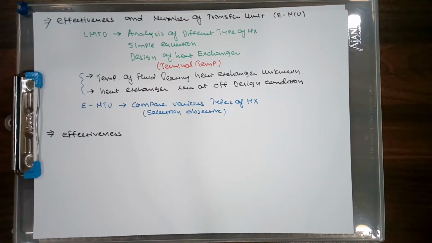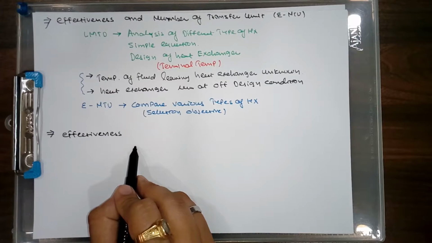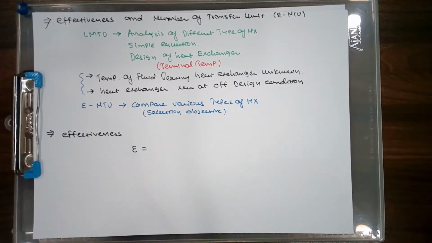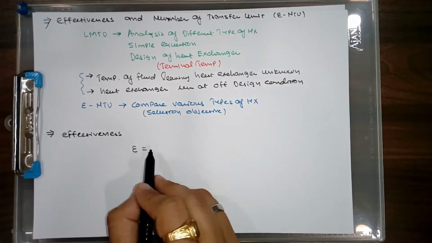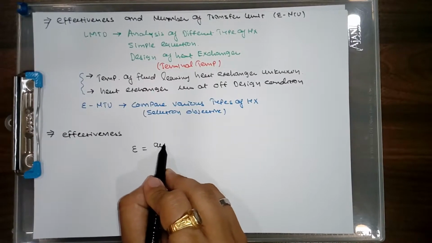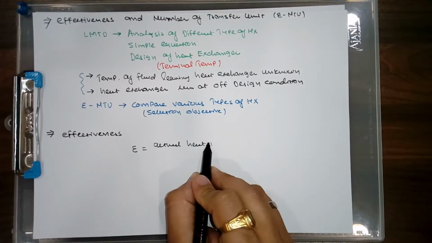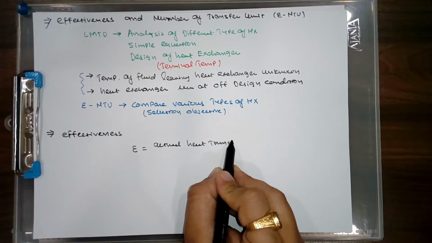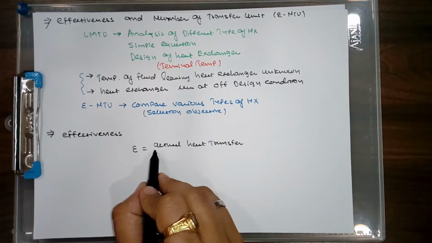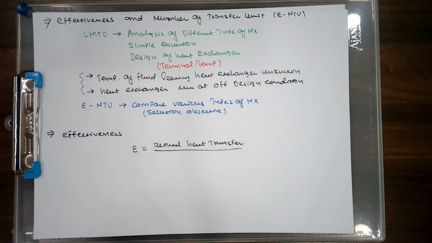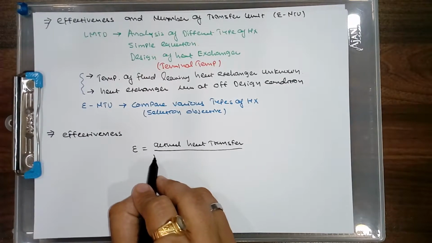Effectiveness is indicated by the symbol epsilon, and it is defined as the ratio of the actual heat transfer divided by the maximum possible heat transfer.